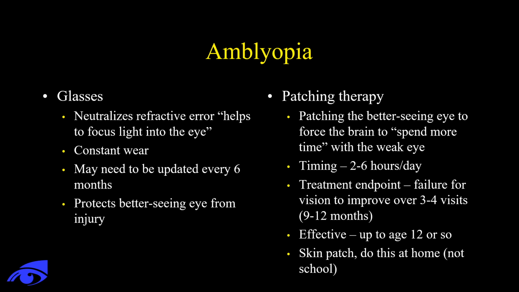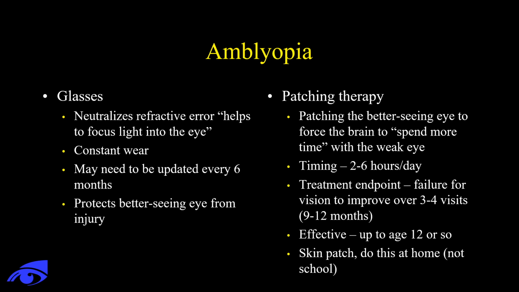Usually for amblyopia therapy, the two most important items are glasses and patching therapy. Glasses are needed because they neutralize refractive error and help light to stay focused into the eye. And when glasses are prescribed to a child, they are meant to be worn constantly from the moment the child wakes up until the moment the child goes to sleep, taking them off only during bath time.